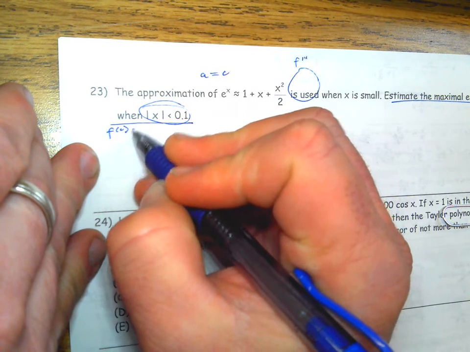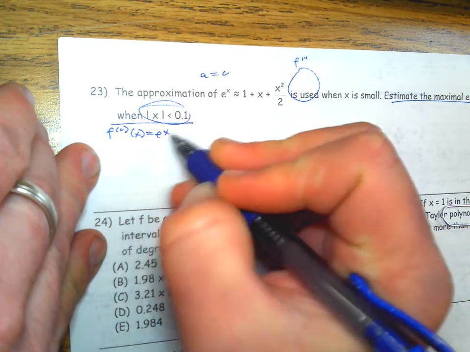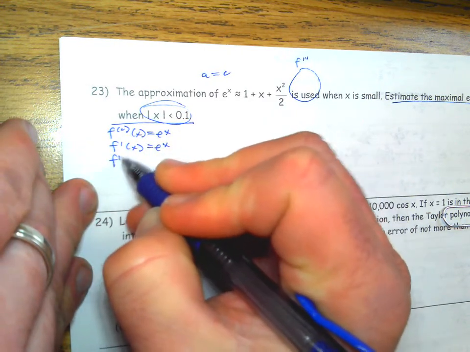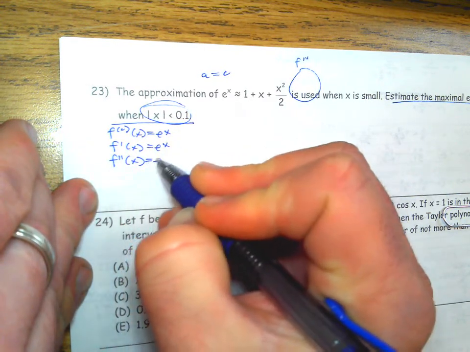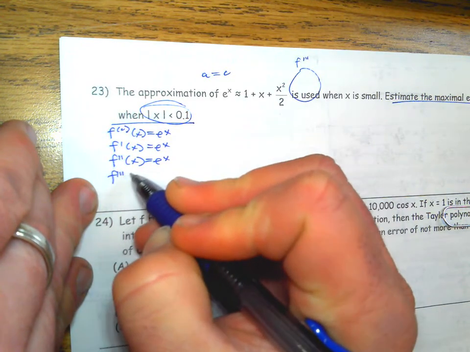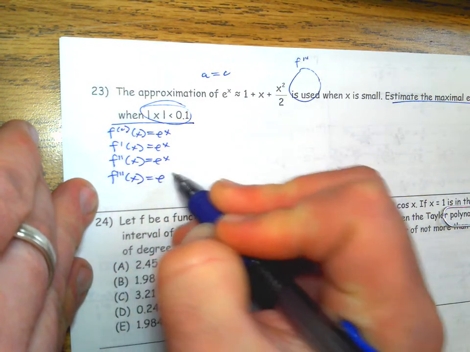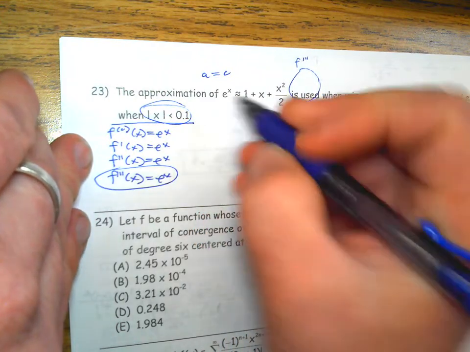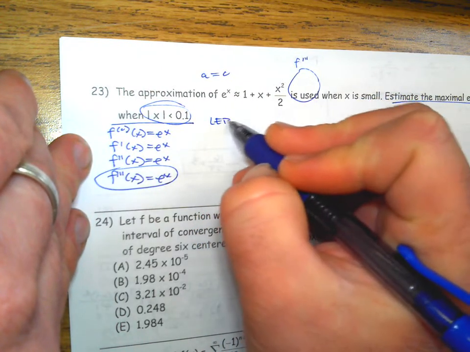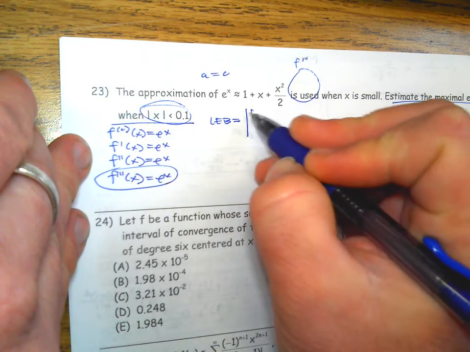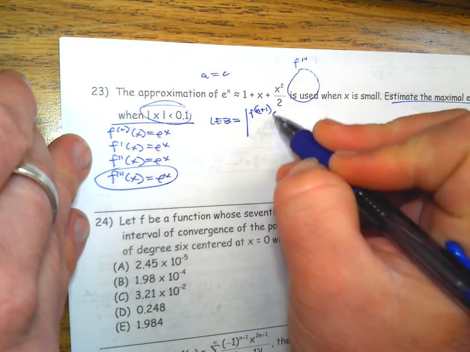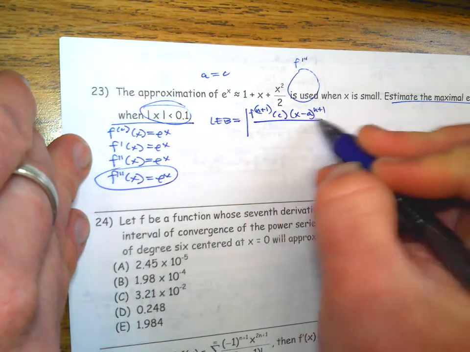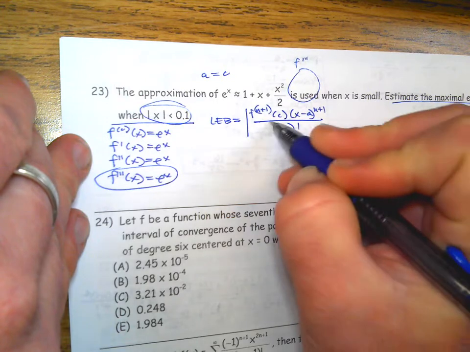So the 0th derivative is e to the x, e to the x, e to the x, e to the x. I know this one's simple, but I'm just showing you the work I would show if it was more complicated. So Lagrange error bound is the n plus 1 derivative at some value c, times x minus a to the n plus 1 power over n plus 1 factorial.